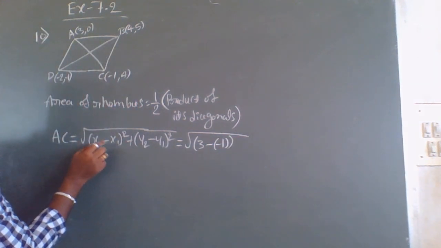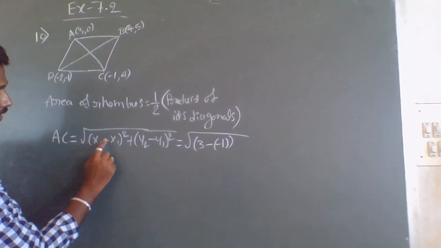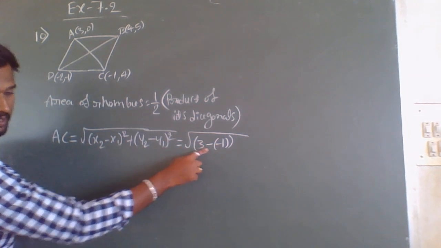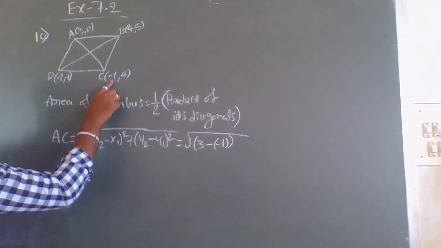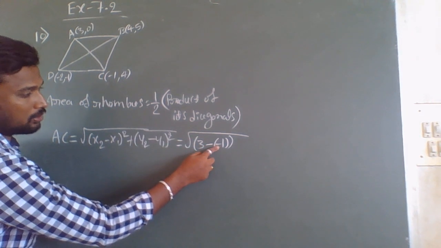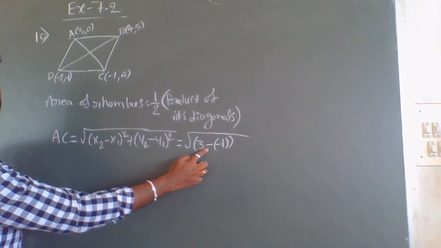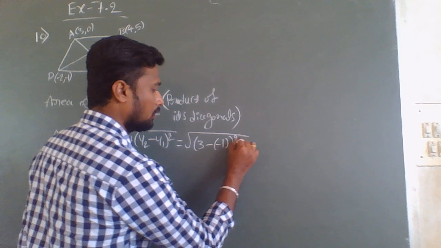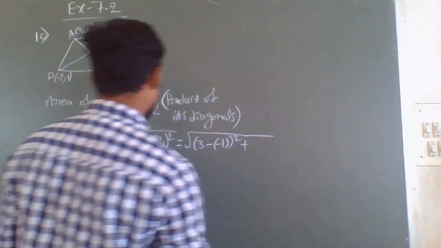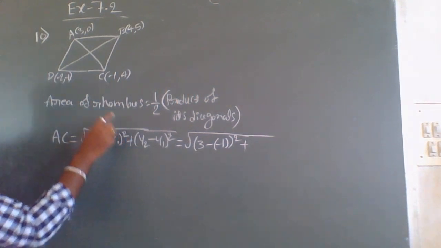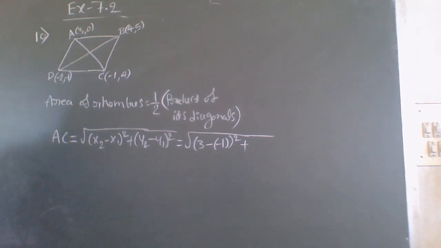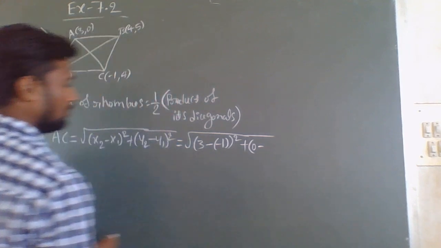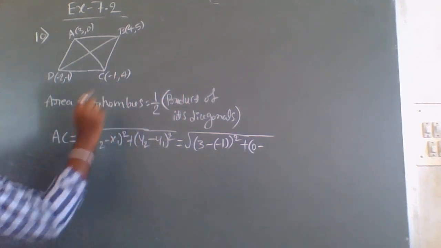Here you should be careful. x2 value is 3 and in the formula only minus is there, so first you have to write minus, and the x1 value is minus 1 as given, so here you should write minus 1. Here you will get minus of minus 1 whole square plus, what is the y2 value? Here this 0 is considered as the y2 value. 0 minus y1 value, which is 4.